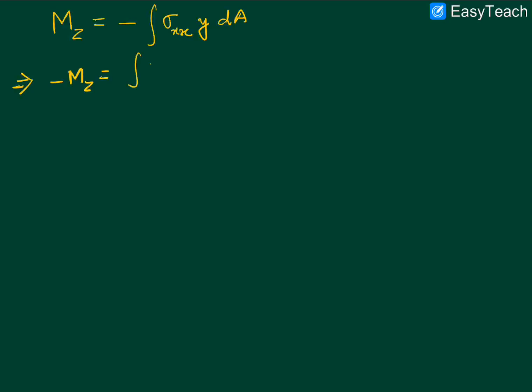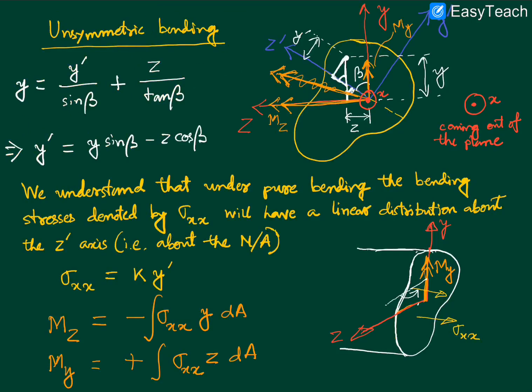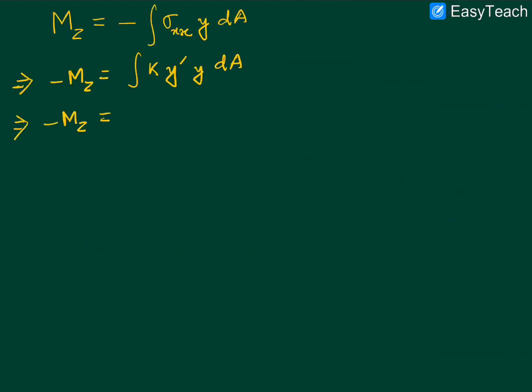We substitute the expression of sigma xx, so that is ky dash, and then we substitute the expression of y dash. So we check once more from the previous page. So this is the expression we need, y sine beta minus z cos beta.